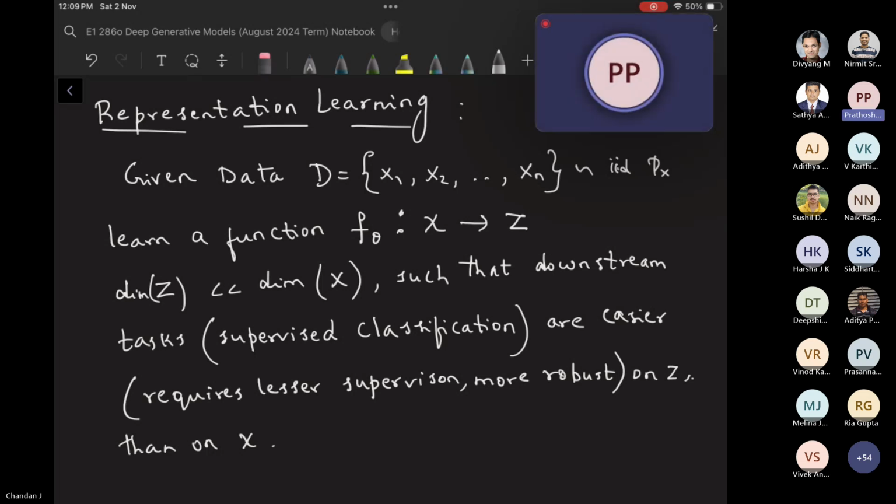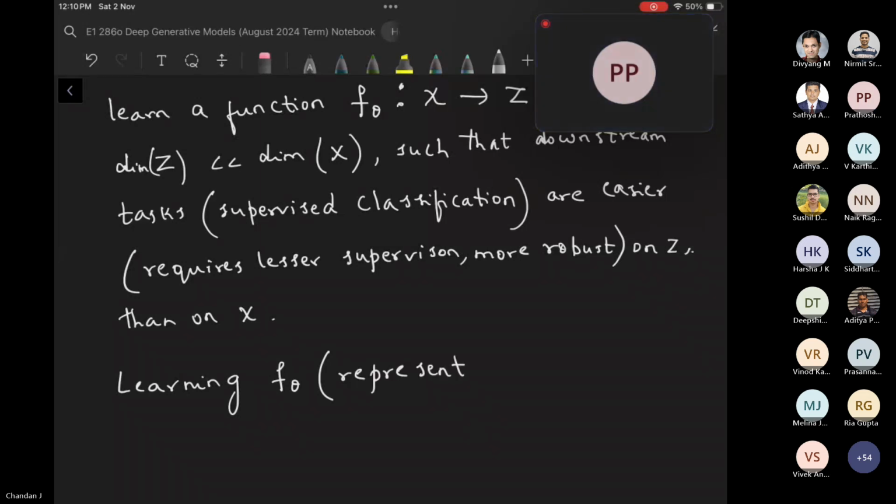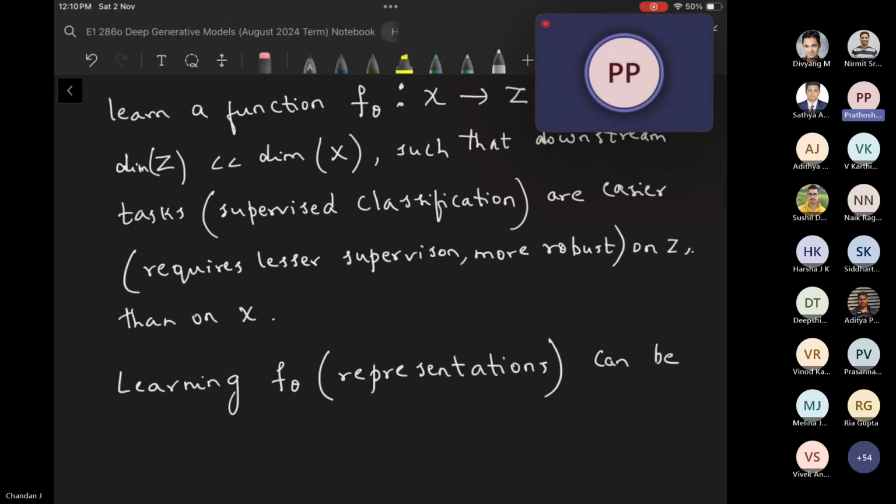There's another way to do it, which is the self-supervised learning way, and the self-supervised learning way is not generative. Let me write that down. Learning F theta, which is what I call representations, can be done in two ways.